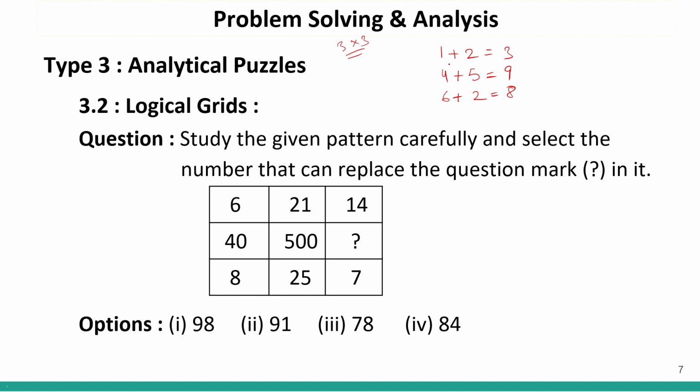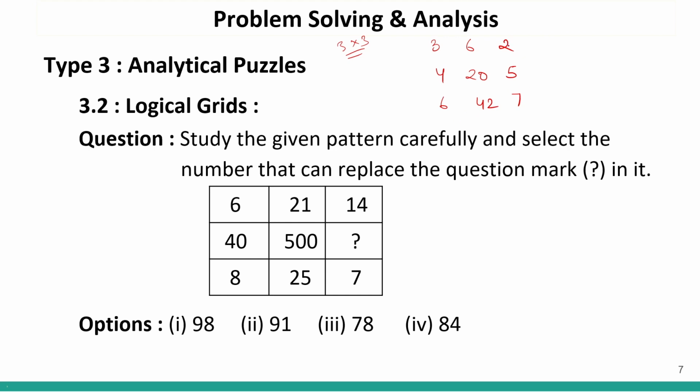Now, if I say you have something like this, 3, 2, 6, 4, 5, 20 and 6, 7 and 42.